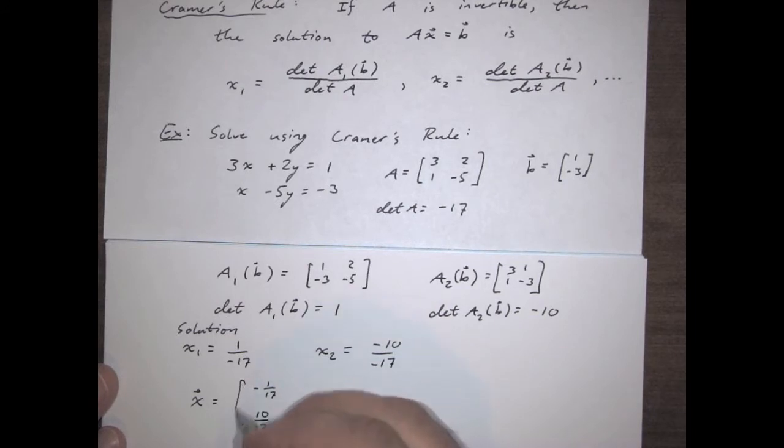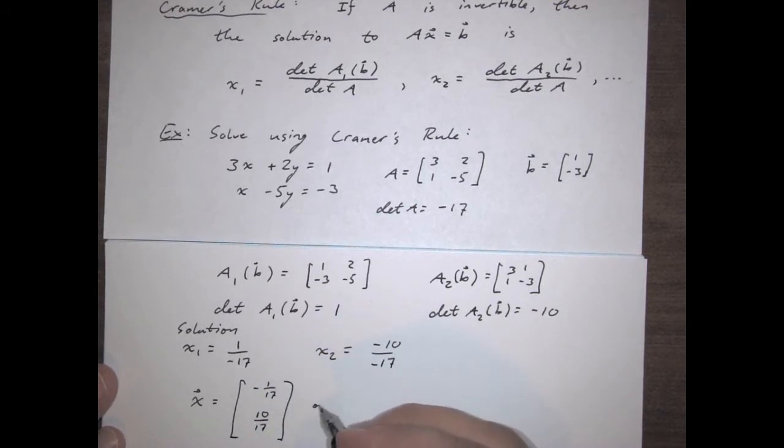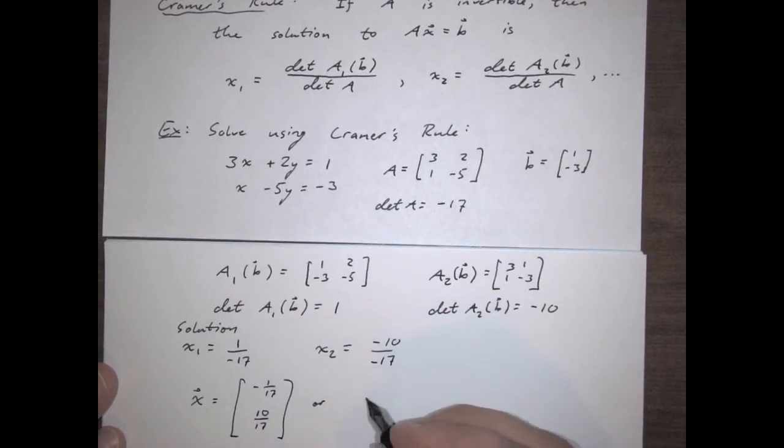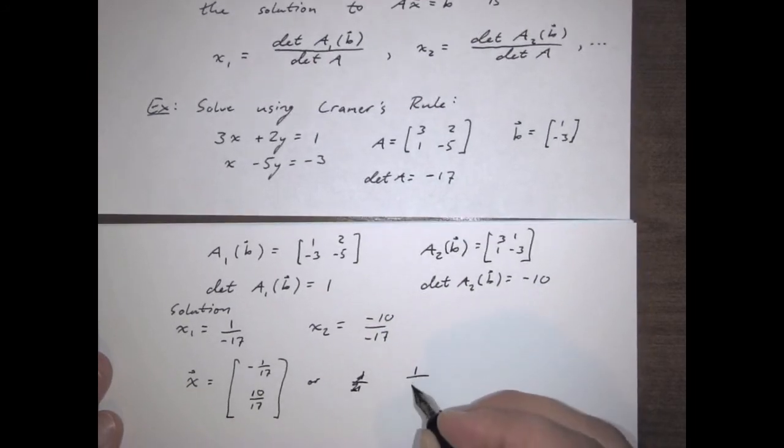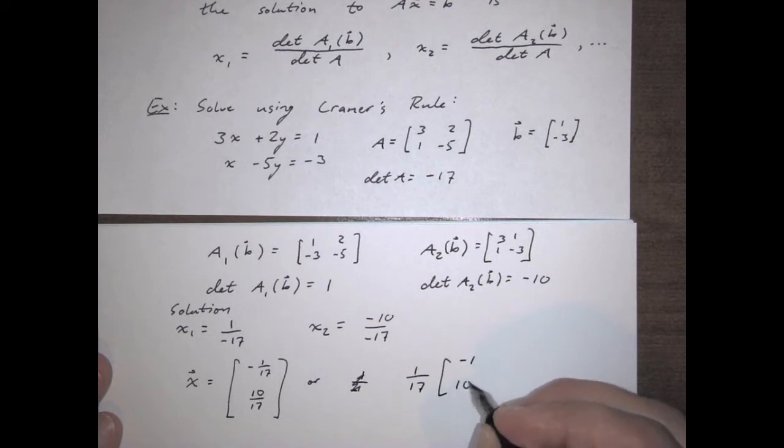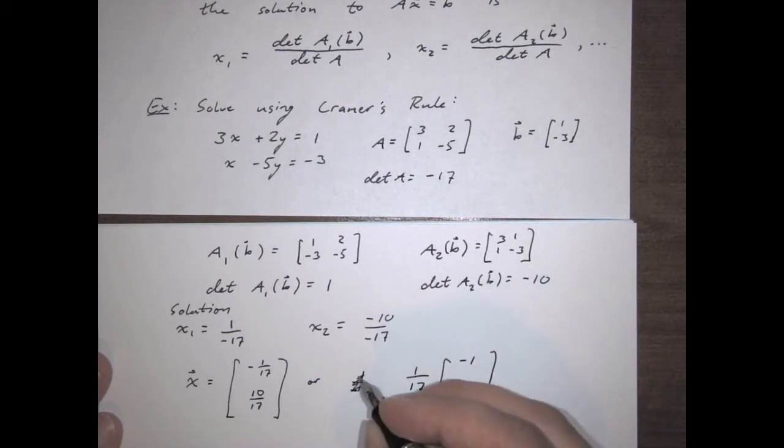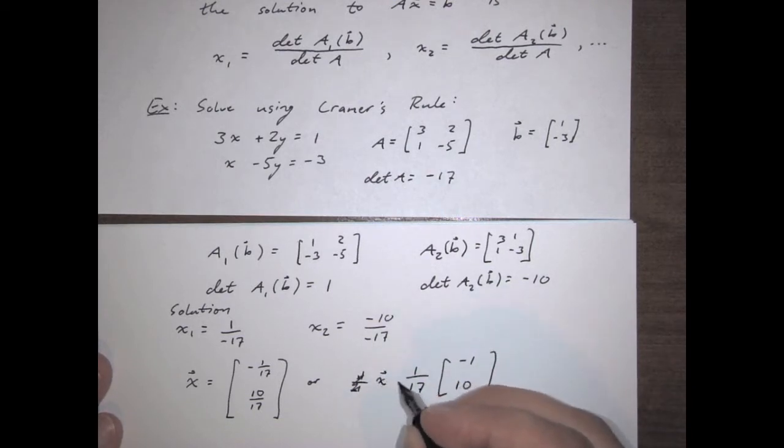The negatives cancel. Or you could write that, and commonly would be written as where you pull out that denominator. So 1/17, negative 1/10. All right, so there it is.